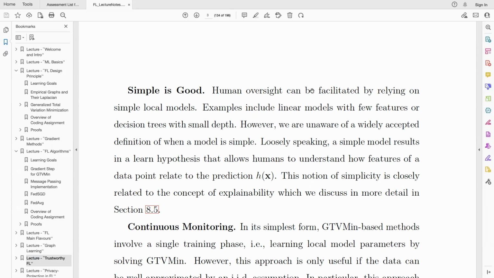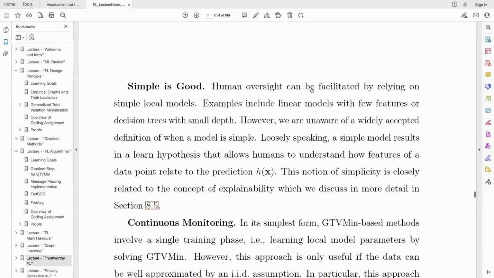This is, of course, a bit subjective or up to convention, but a linear model with a few features, let's say 5 or fewer, is often considered simple. Another example of models that are referred to as simple is a decision tree with a small depth.